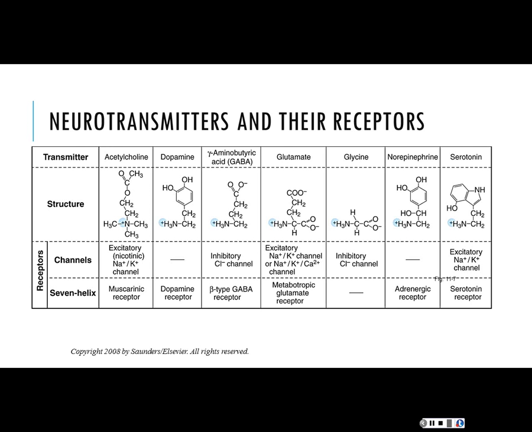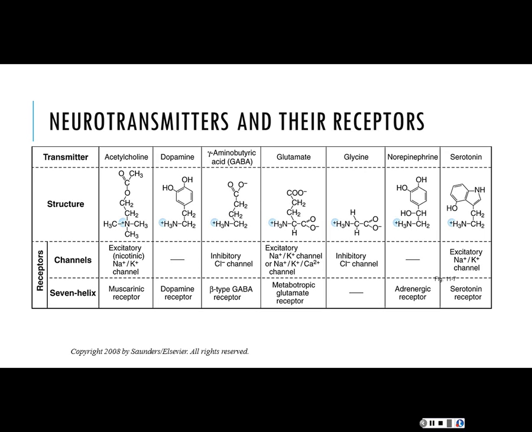But they are considered to be excitatory, so really it moves more sodium into the target cell. It moves more sodium in than it moves potassium out, because we're going to say it's excitatory.